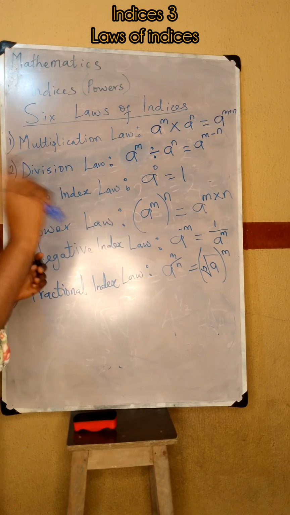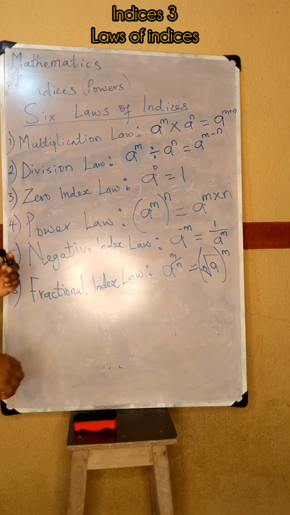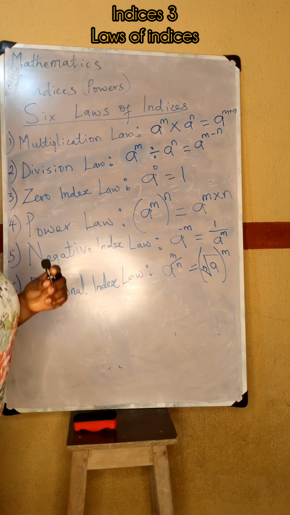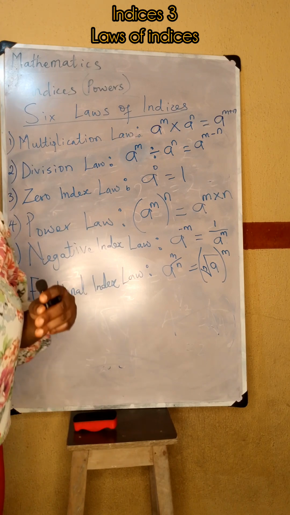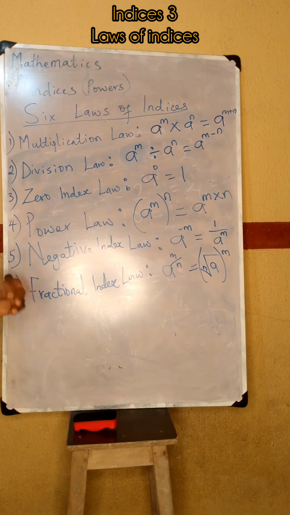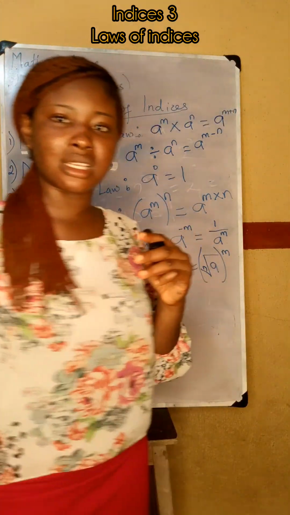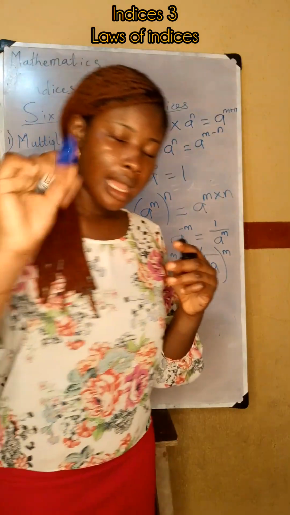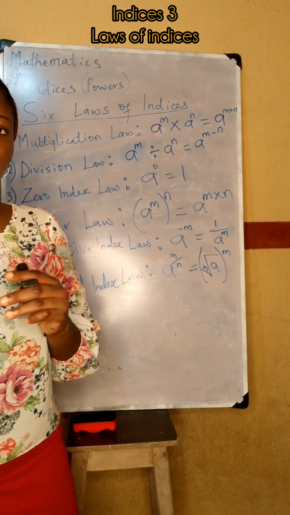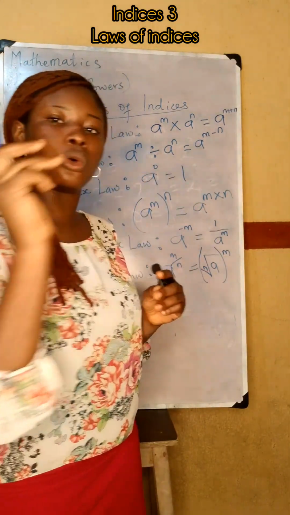If you're able to understand when to apply these laws, when it is multiplication, when it is division, when it is power law, or when it is negative index. In fact, whenever you see a negative power, apply negative index. Whenever your power is a fraction, apply fractional index. When two things are multiplying, apply the multiplication law. Just like that. That's how it works. So when you see anything looking like any law, you apply the law.